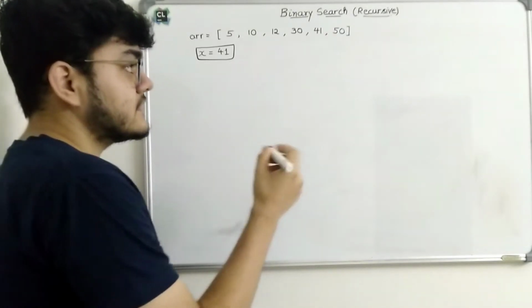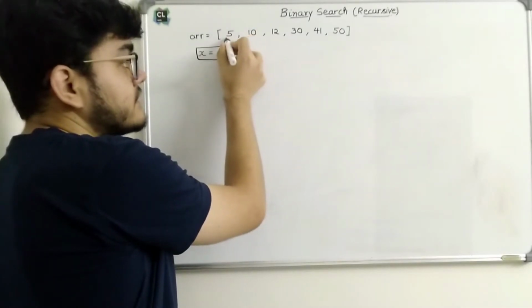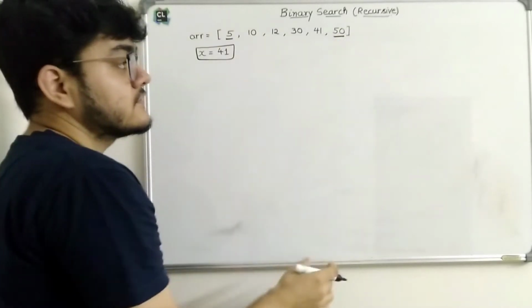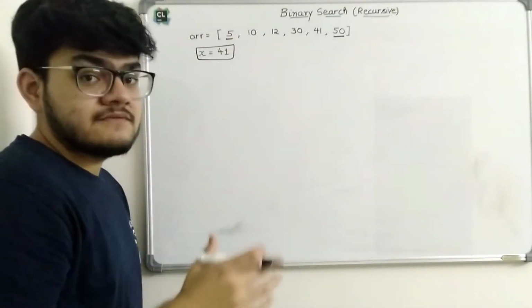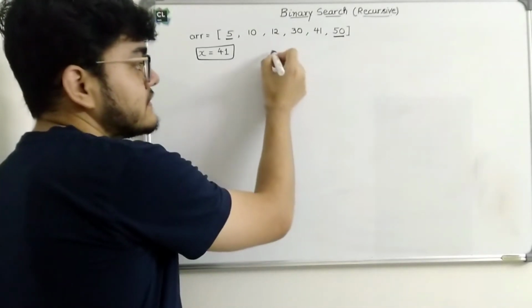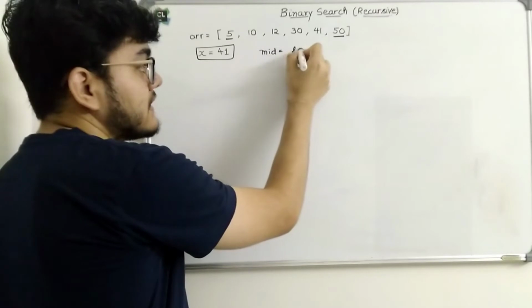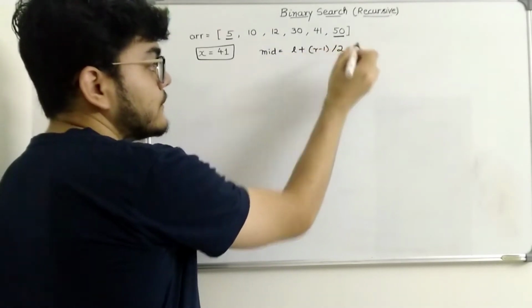So first thing is we need to calculate the left position, which is here, and the right position, which is here. So we first calculate these two positions, left and right, and then we calculate the middle position. The middle position is calculated as (l + r - 1) divided by 2.